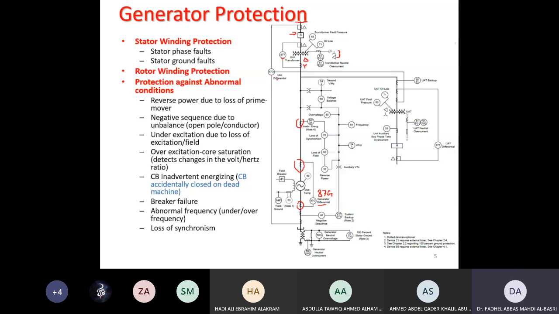There is one differential protection called 87O. O represents overall generator and transformer protection. The CTs are connected here at the beginning of the stator winding, before the star point, and at the end of the secondary side of the generator transformer, and also another here.